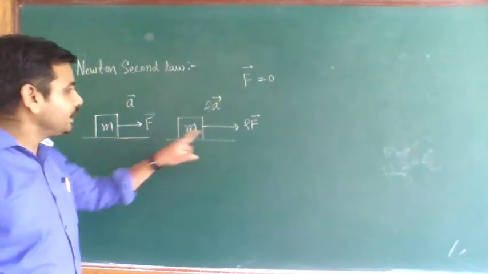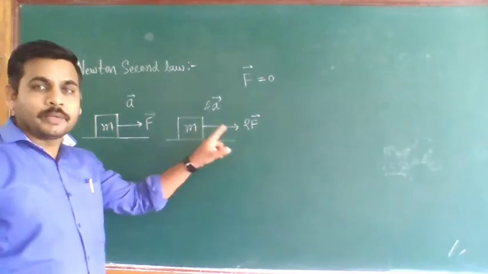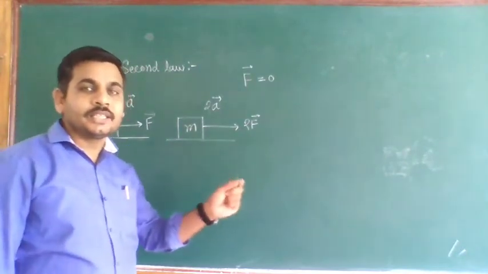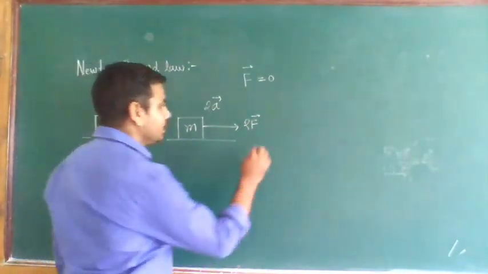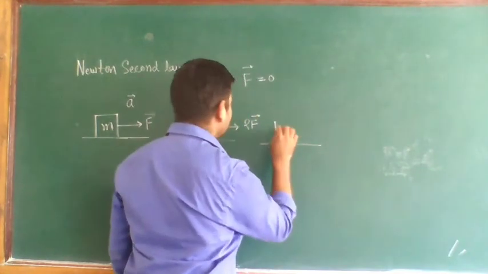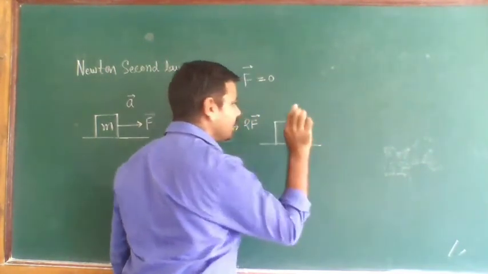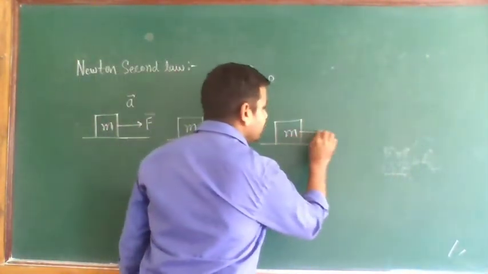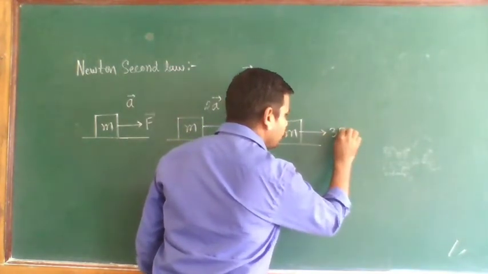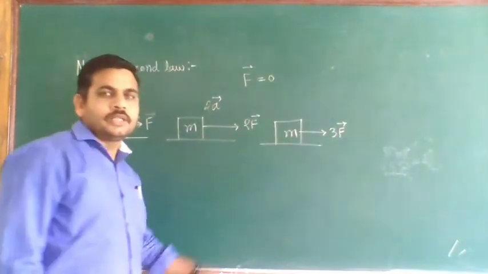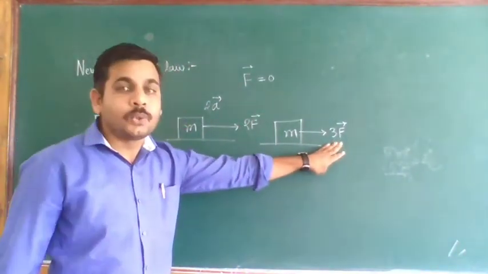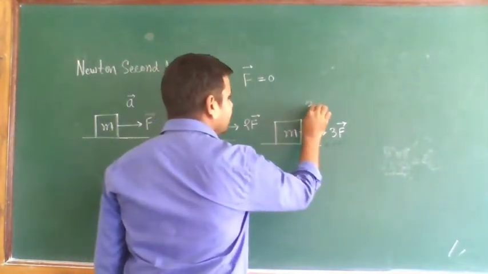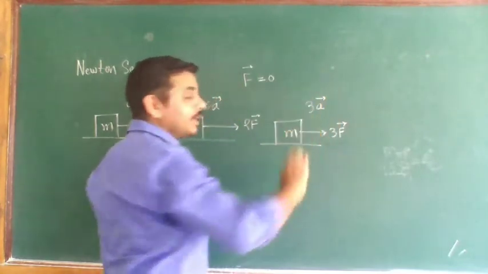Again we consider the same ice cube with mass m; in all conditions you keep the mass the same, and only increase the force, not the mass. Now in our third case you increase the force by 3 times and you observe that the acceleration also increases by 3 times.